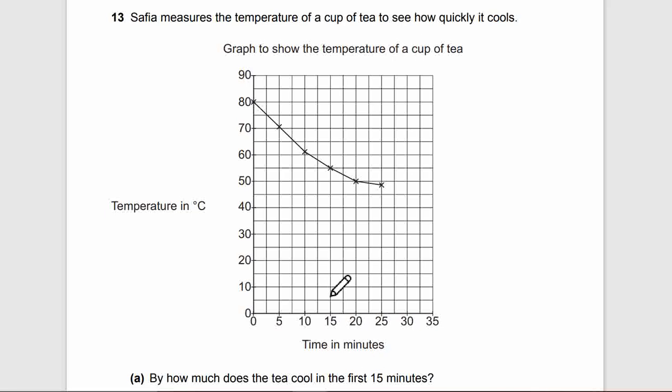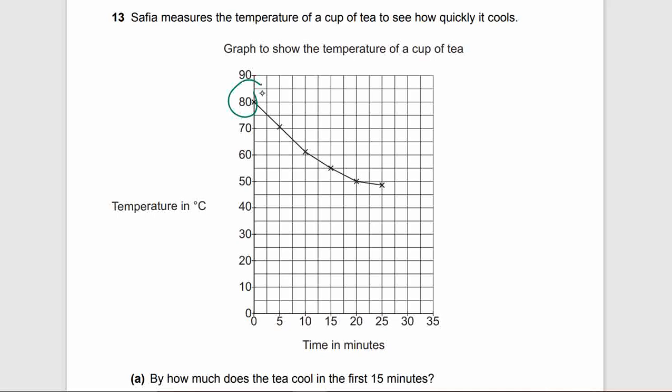So we plot 15 minutes here, starting from 80. At 15 minutes it goes to here, where the projected line cuts. This will be the middle between 50 and 60, which is 55.